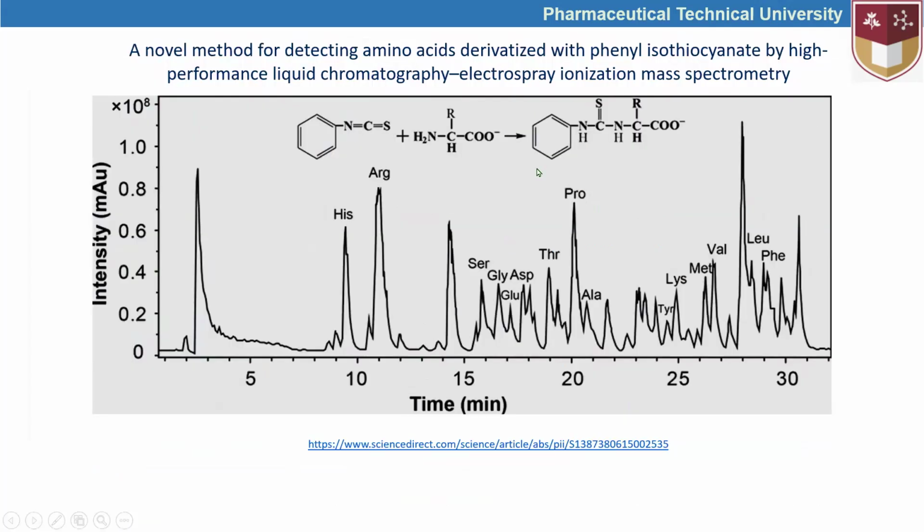Another method of identifying amino acids or any other compounds is the integration of HPLC with the mass spectrometer.